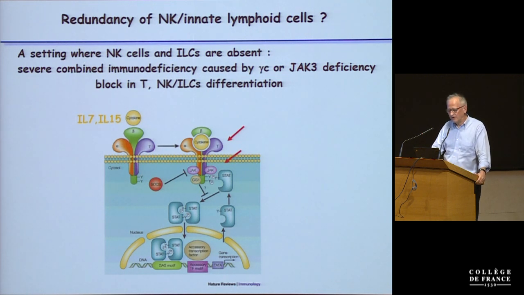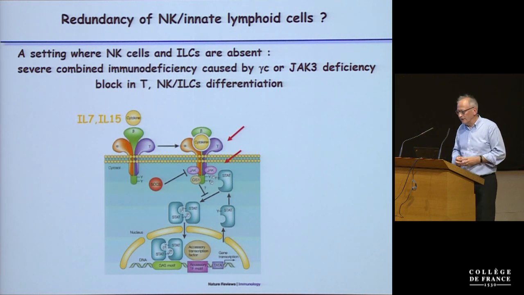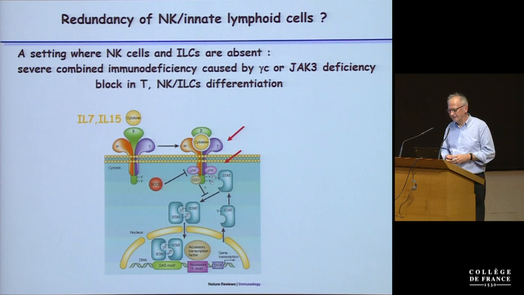Could we determine whether NK cells and innate lymphoid cells, and you may know that they belong to the same pathway of innate cells that are involved in the development of several arms of immune responses that are copying T cells, but they are not T cells, they are not involved in adaptive immunity. So are these cells essential or redundant?